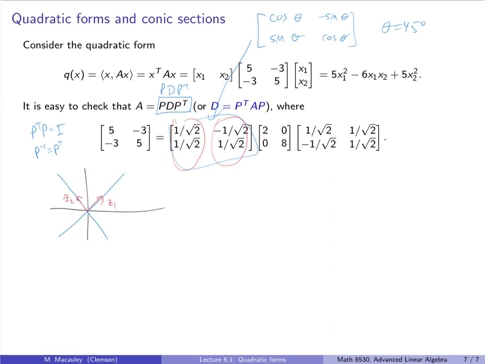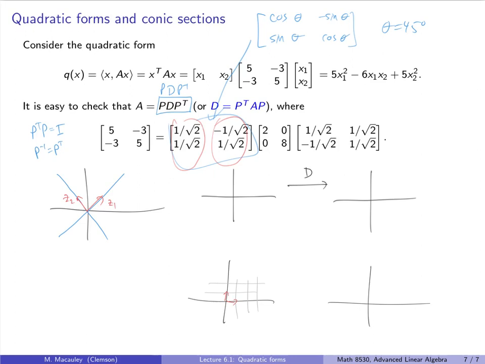Now the picture that I keep coming back to, that I want you to think of is, P is the change of basis matrix. So if you have your standard basis down here, and that determines this square grid, in other words, a coordinate system, it's not clear what A does.